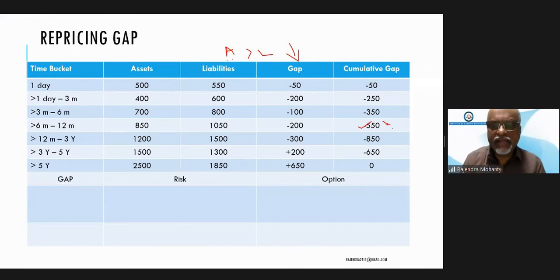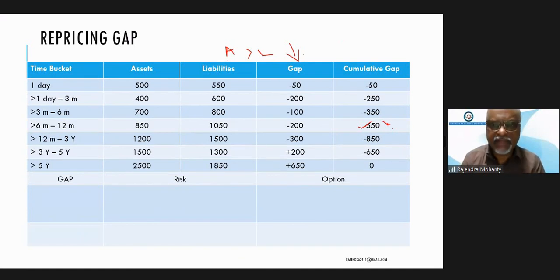Or suppose we are talking about the funding risk, or how to protect this. This is a short-term position. Assets that mature need to be reinvested at a higher rate, right? If you are deploying more assets, then definitely they have to be reinvested.